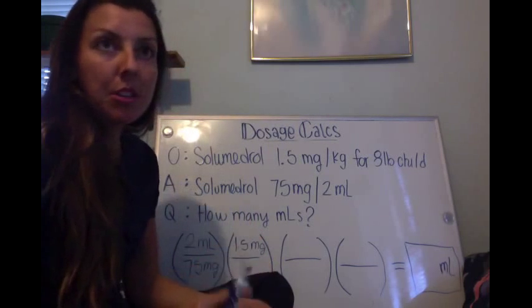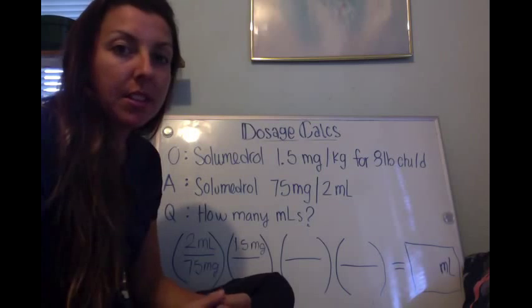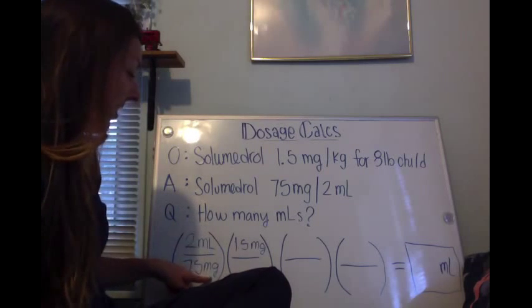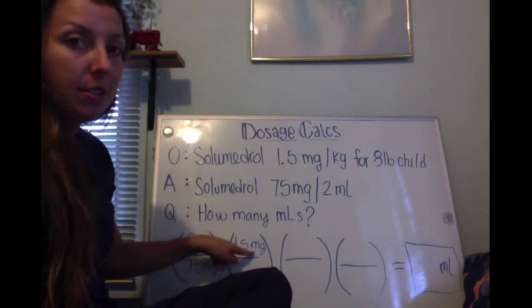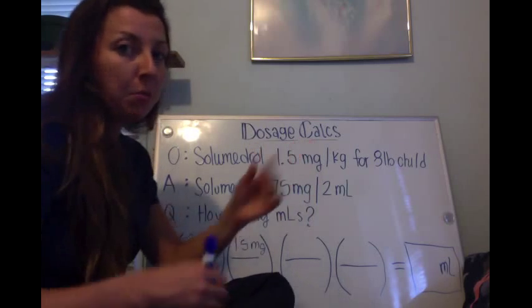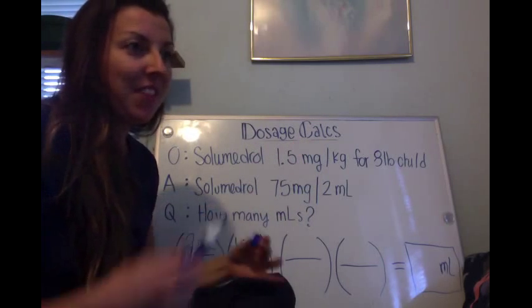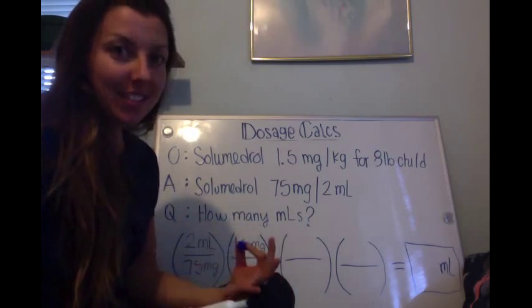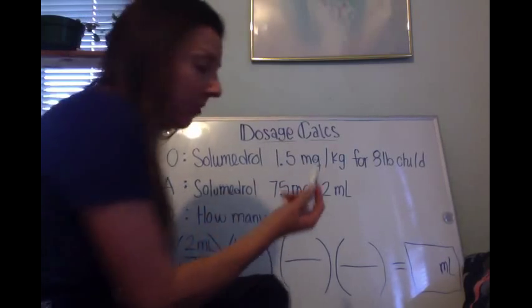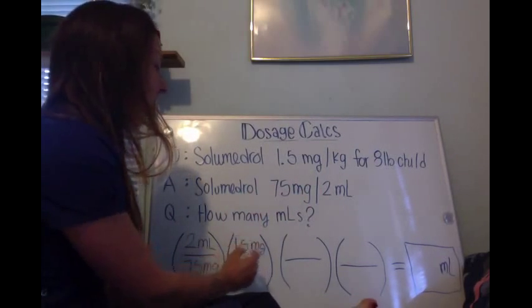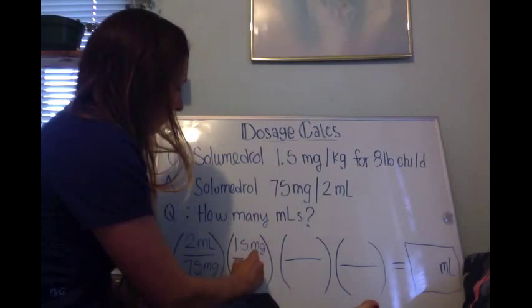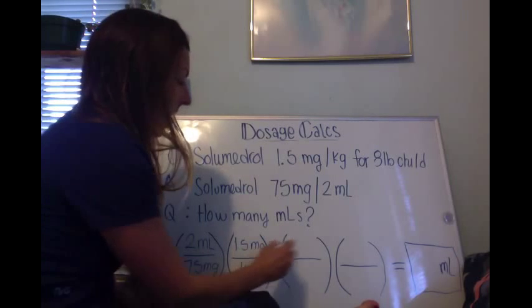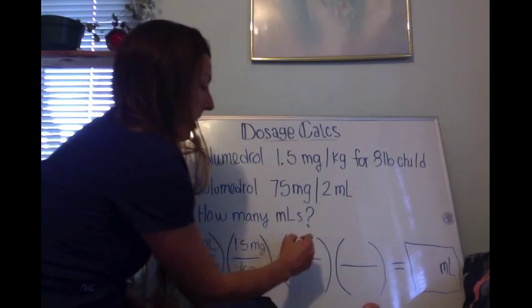That's why I kind of like dimensional analysis too, because if you're lost on what the next step is to do, you just look down here and plug in your next unit here, and that will help guide you along the way. If things aren't matching up, then that's not working. You need to start over. So 1.5 milligrams per kilogram. I know I need to go back up to my kilograms.